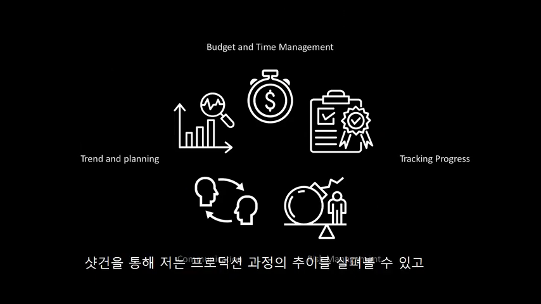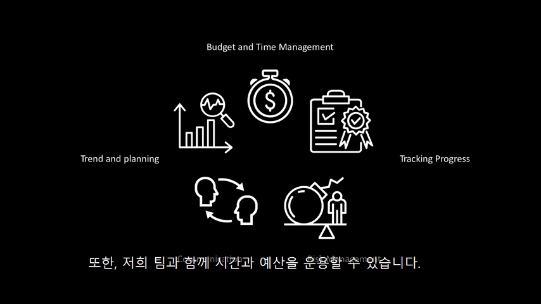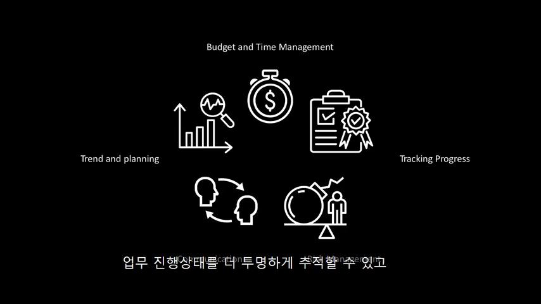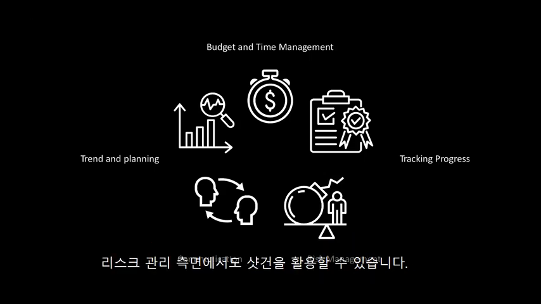With Shotgun, I'm able to observe the trend of my production, make future plans, and I can also manage my budget and my time with my team. I also have better transparency of tracking the progress, sharing the status between internal team or external team. I can also use Shotgun to provide more risk management, which I'll cover a little bit later.